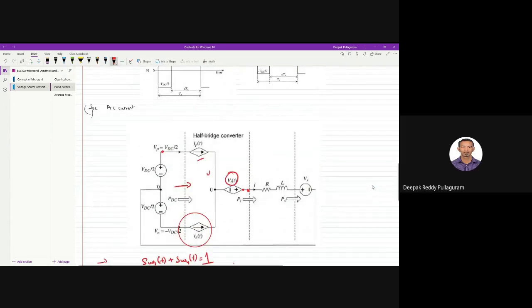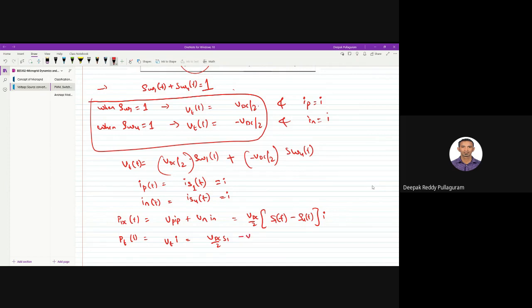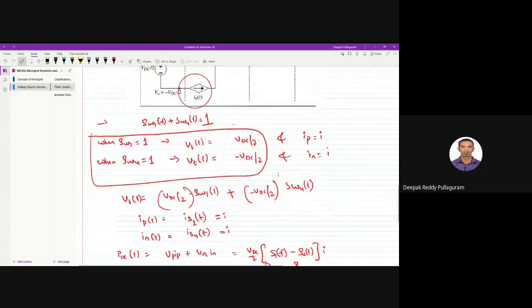It's nothing but VT into I. PT of T is VT into I, but we know what VT is: VDC by 2 S1 minus VDC by 2 S4, that into I. So this comes as the same value as this. Agreed?